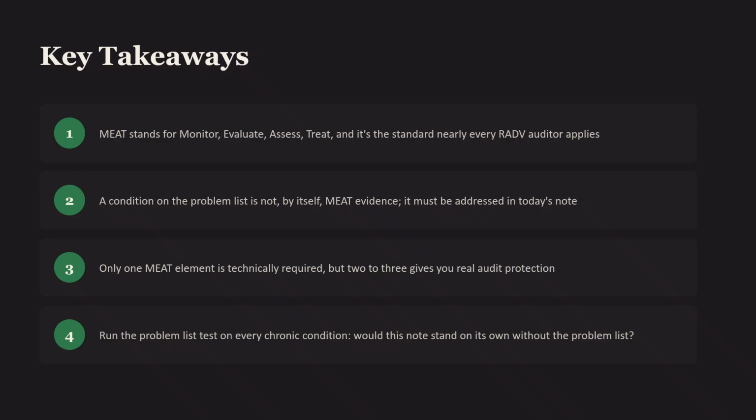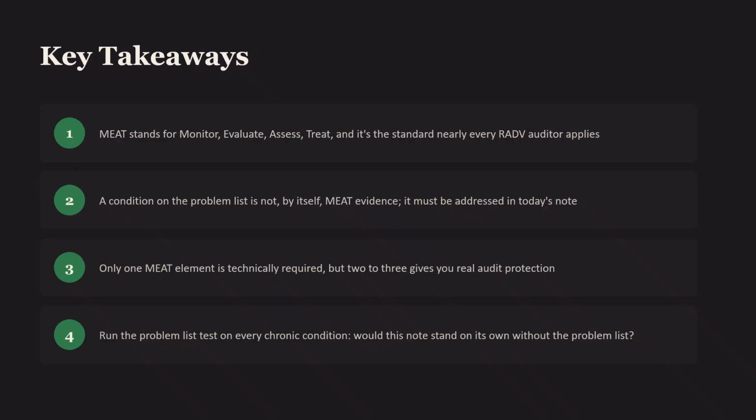And number 4, run the problem list test on every chronic condition in all your charts. So would this note stand on its own without the problem list? And will it still tell you that the patient has this condition and that the condition was addressed?